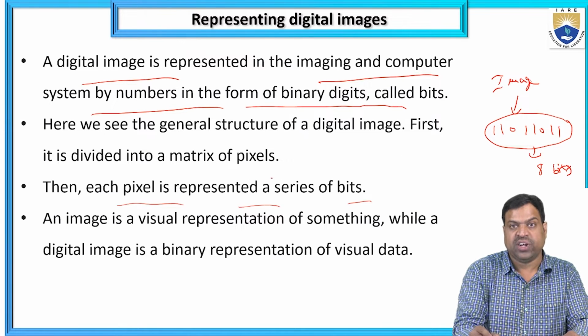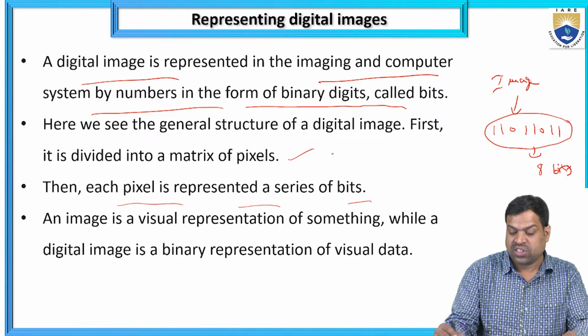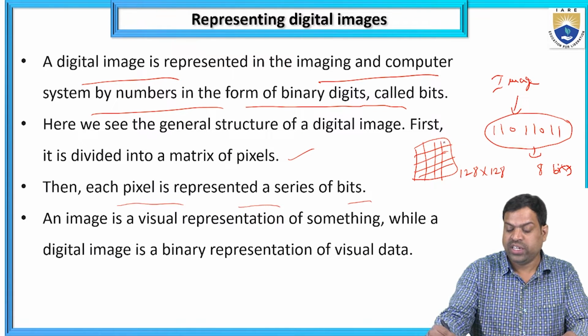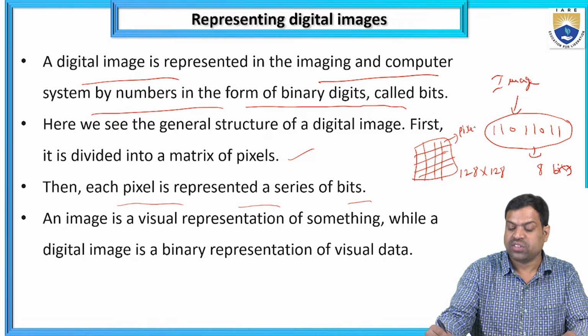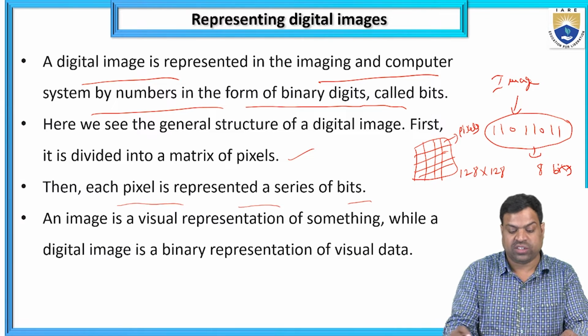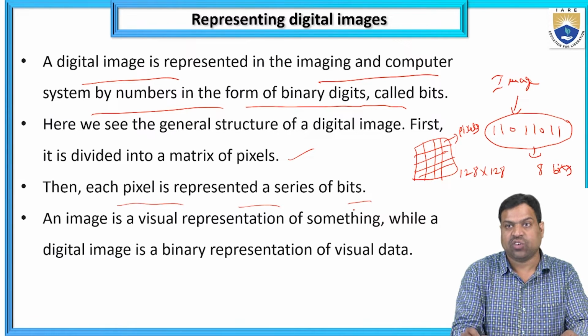In the general structure of a digital image, first it is divided into a matrix of pixels. Suppose I have an image of 128 into 128. Each cell is called a pixel, so 128 into 128 size pixels are there. Each pixel is represented by a series of bits.